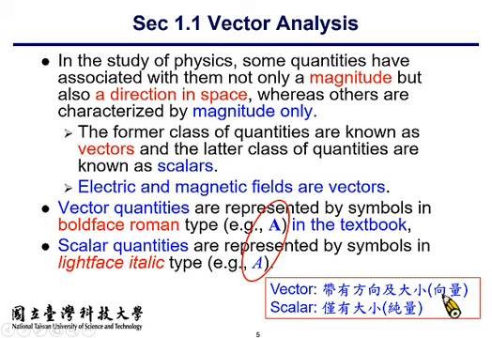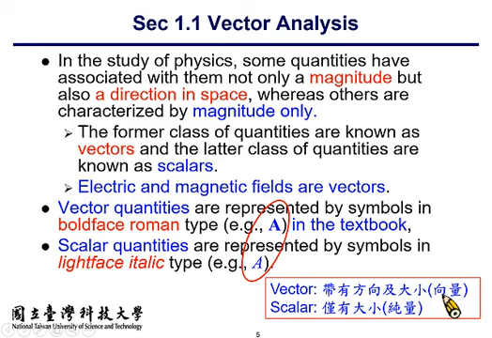For example, speed. Of course, you need to describe the amount of speed, and more importantly, you need to specify the direction of the speed so that you can predict or estimate the moving directions or the moving status of the object. So they are referred to as vectors.